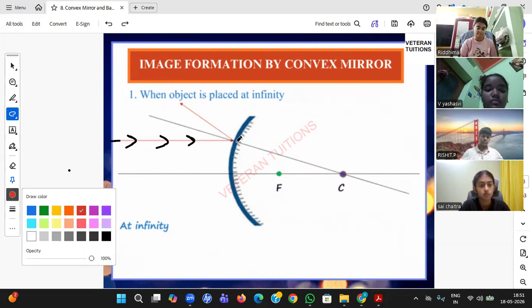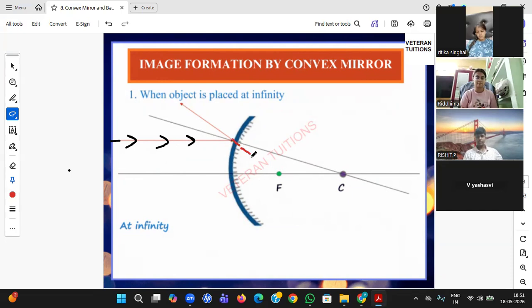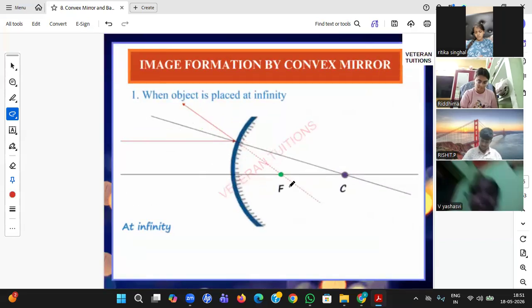That's the reason we extend the reflected ray and ensure it goes to the focus, so that the particular law is followed. Whenever a light ray is coming parallel to the principal axis, after reflection it should go through the focus, and that is what we have extended over here.